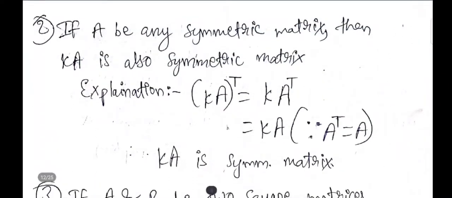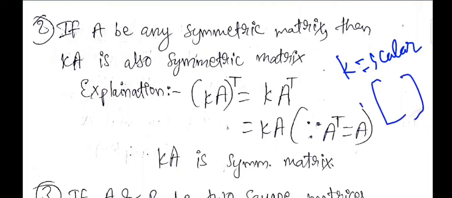If A is any symmetric matrix, then kA is also a symmetric matrix, where k is any scalar. This is quite an obvious statement, because when you write k outside a matrix, k is simply multiplied by every element inside the matrix.